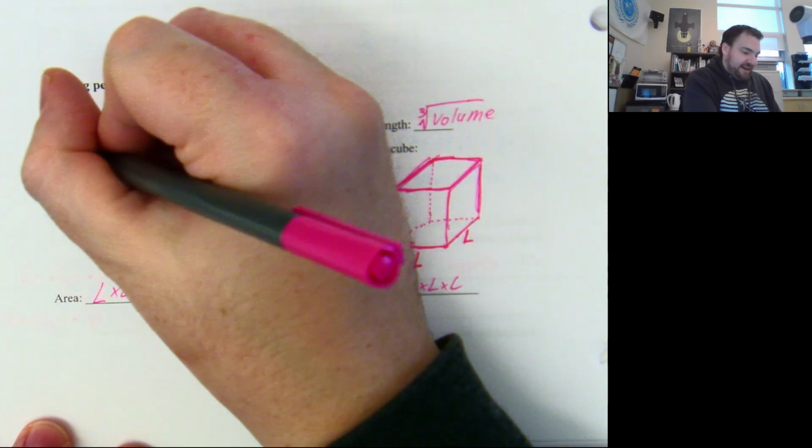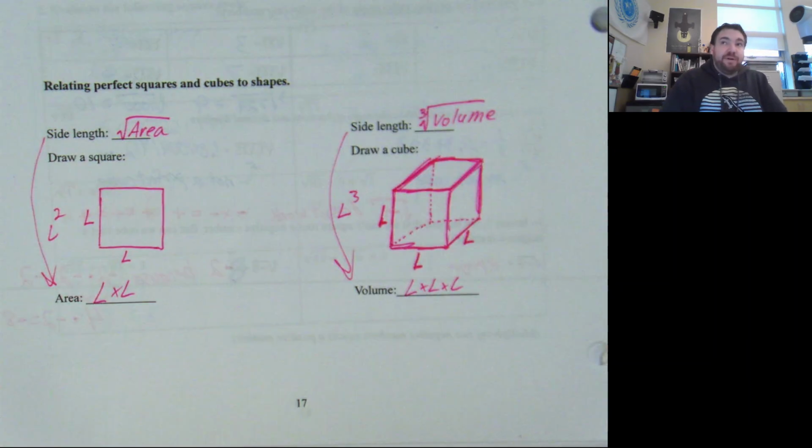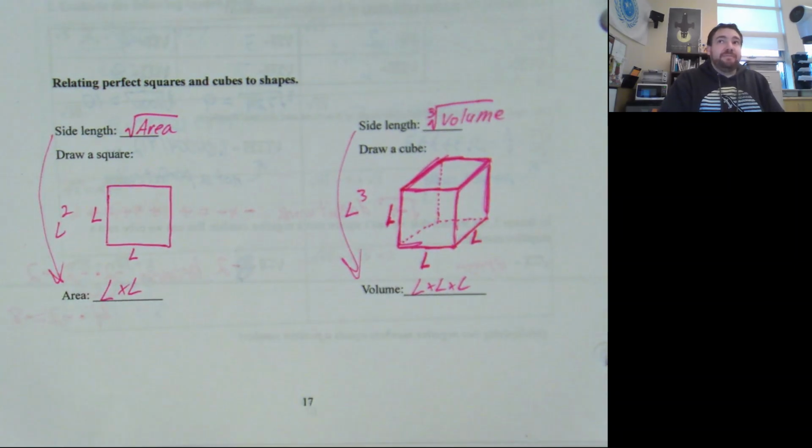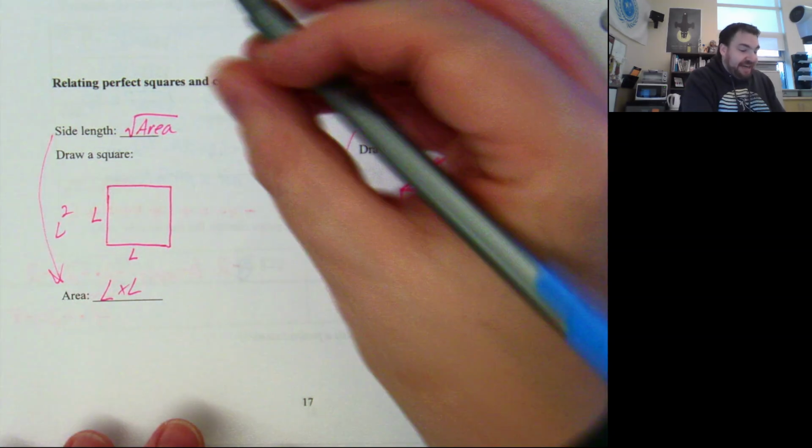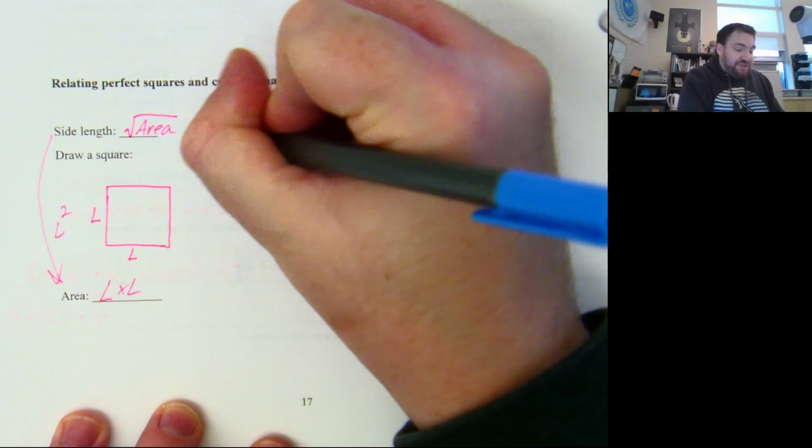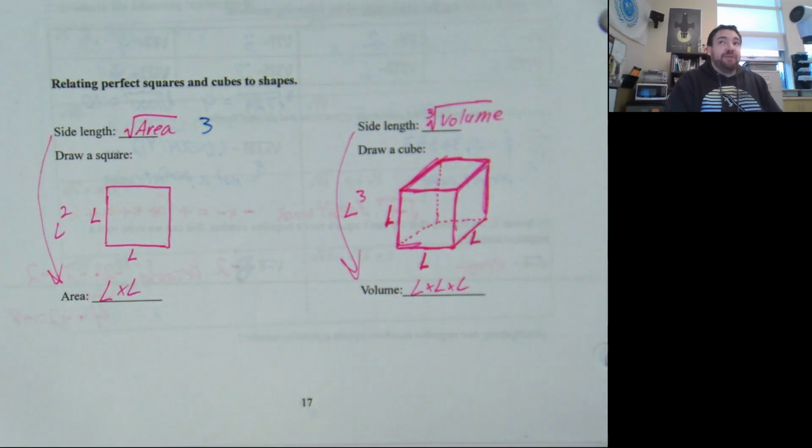And side length to area is just going to be length squared. So for example, if I told you that the side length of the square was 3, what's the area going to be?